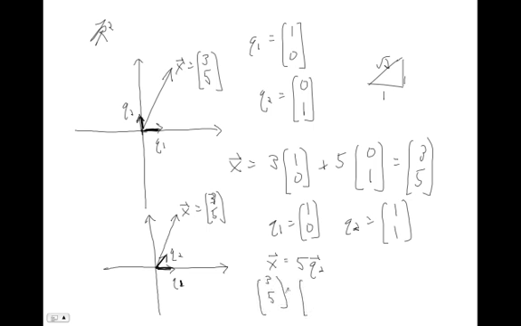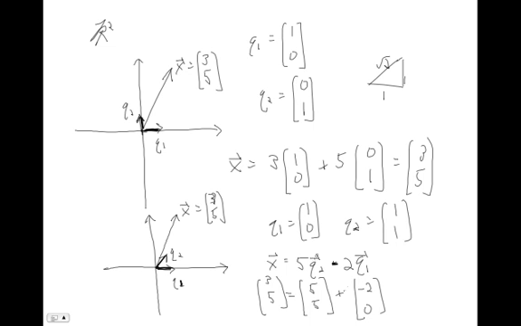If I took 5 times Q2, I would get 5, 5. So you can imagine what constant you would need in front of Q1. I need to get rid of 2 up here. To make this 3, 5, I need this to be minus 2, 0. So if I multiply Q1 by minus 2, I'll get exactly what I need.